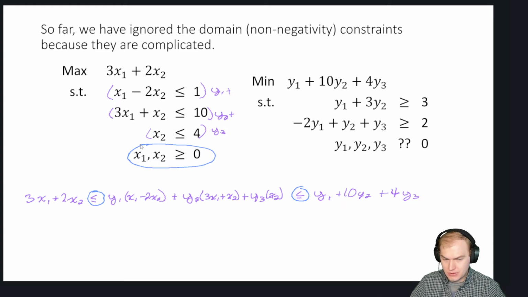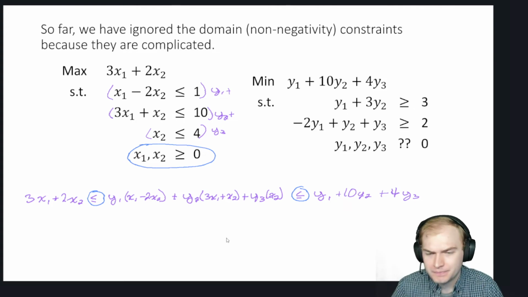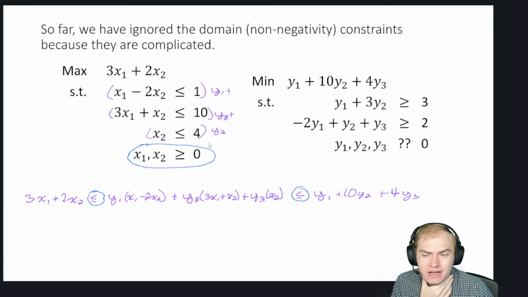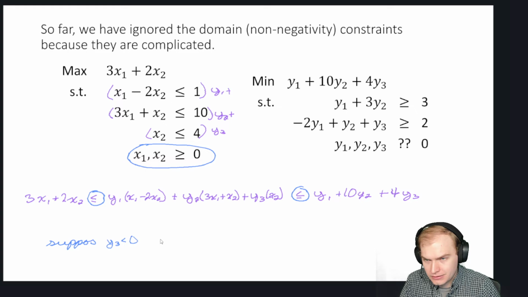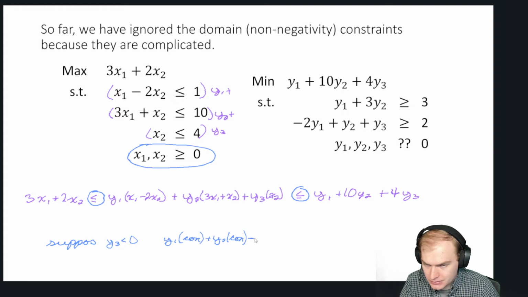So if y3 was negative, suppose y3 was strictly negative, not 0, but strictly less than 0, then we're going to get y1 times the first constraint plus y2 times the second constraint plus x2.